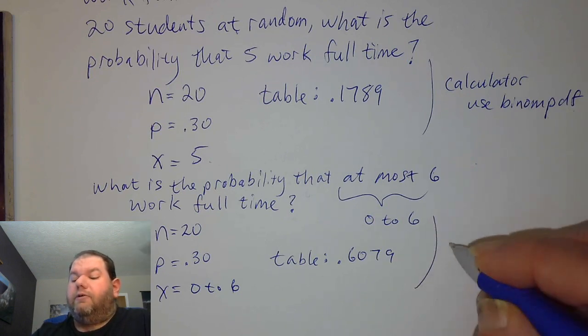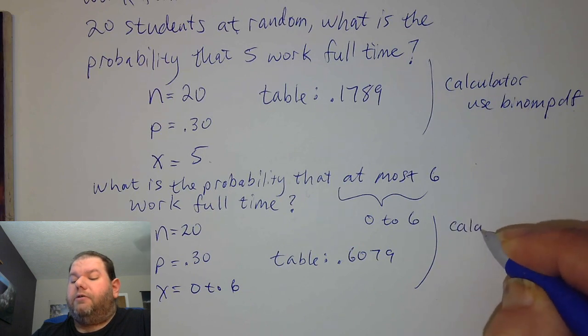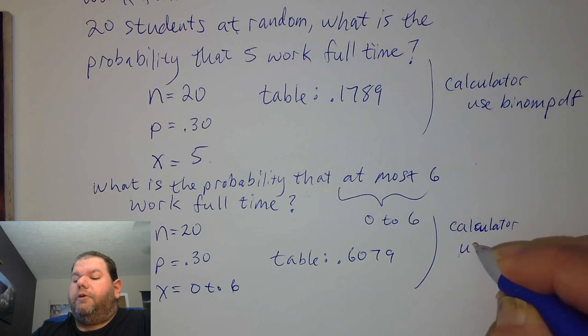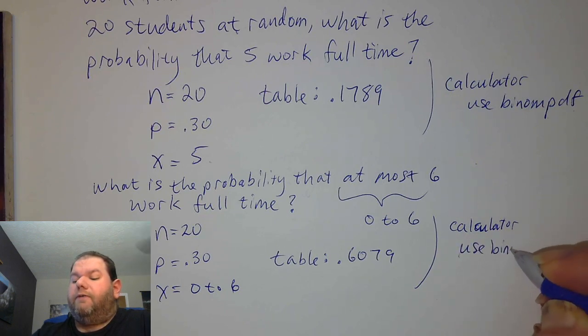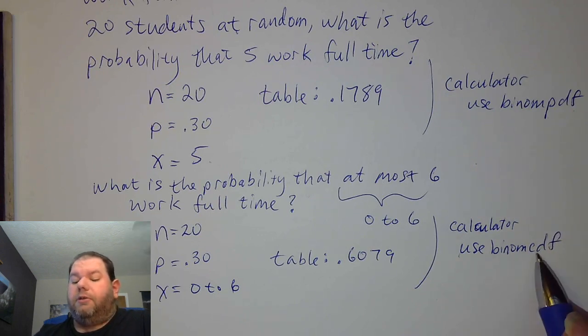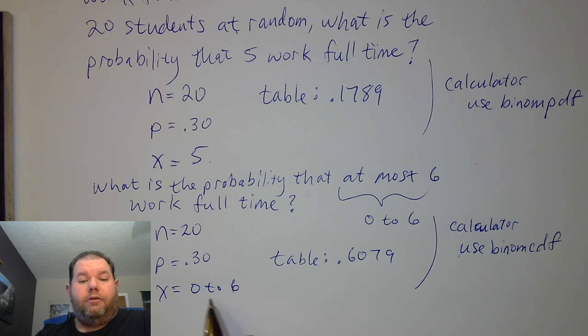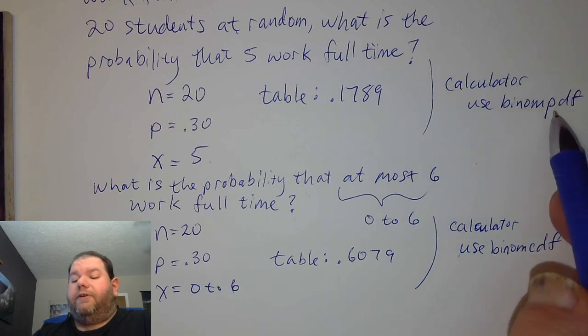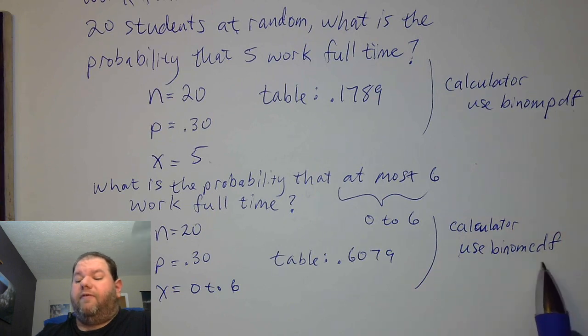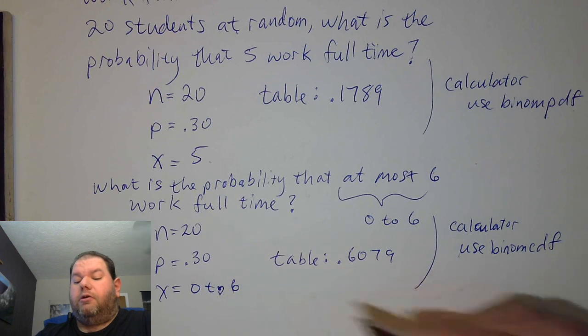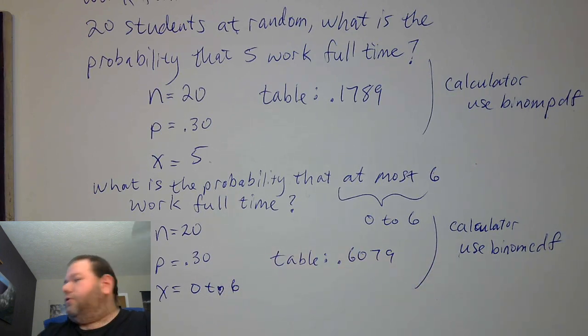And for this one, we use Binomial Cdf, which is Binomial Cumulative Density Function. Now, cumulative because we're actually combining all of these together. So if we have a single value, we'll use this function. If we have multiple values, a range of values like we do here, then we'll use this function. Okay.